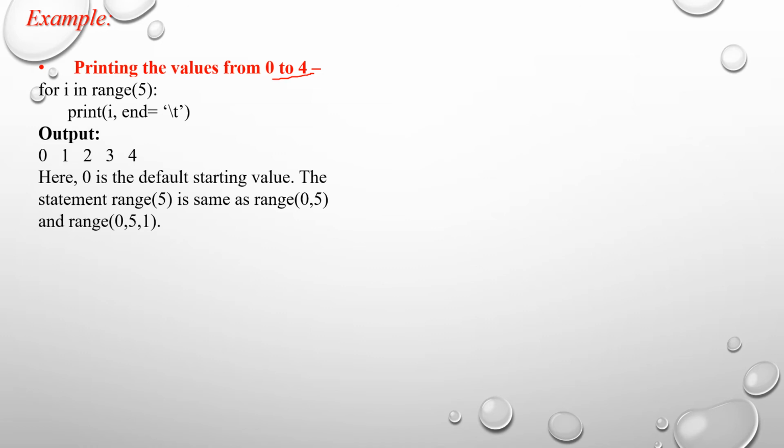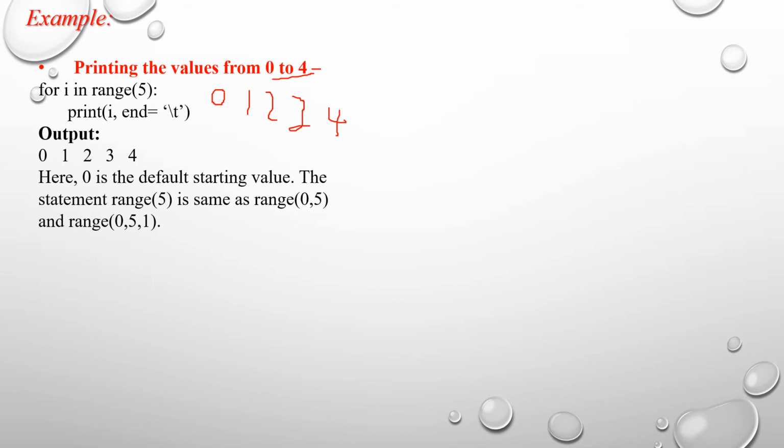The default start value is 0, the default step is 1, and here 5 is the end value. The interpreter is going to print 5 values: 0, 1, 2, 3 and 4. The interpreter does not print the value 5, it excludes 5.